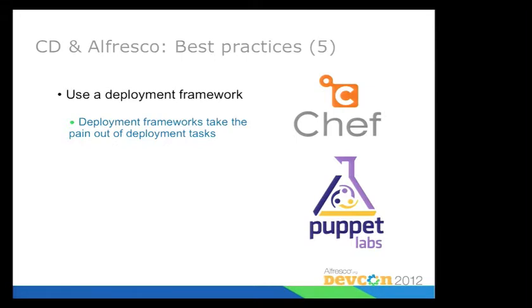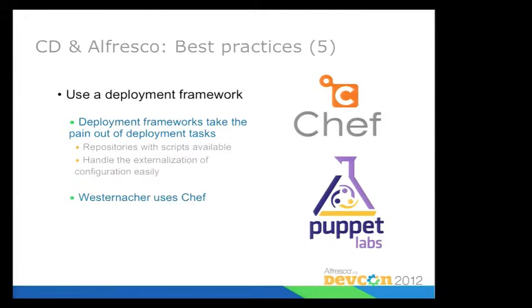Deployment frameworks like Chef from Opscode or Puppet from Ubuntu are things that really take the pain out of these deployment tasks. These have huge repositories online in the community where you have lots of scripts, like things that set up a Tomcat, that set up a MySQL, that set up the whole Apache environment. It's all there for you.